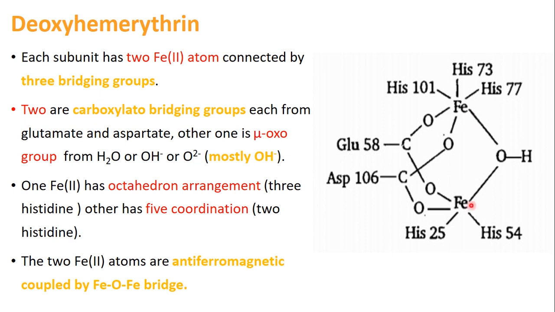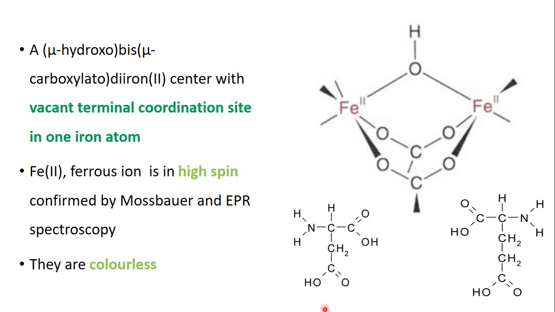These 2 iron atoms are bridged by 3 bridges. 2 of the bridges are carboxylate bridges and one of them is an oxo bridge. The carboxylate bridge is formed from the glutamate and aspartate amino acids. This is the structure of aspartic acid and this is the structure of glutamic acid.